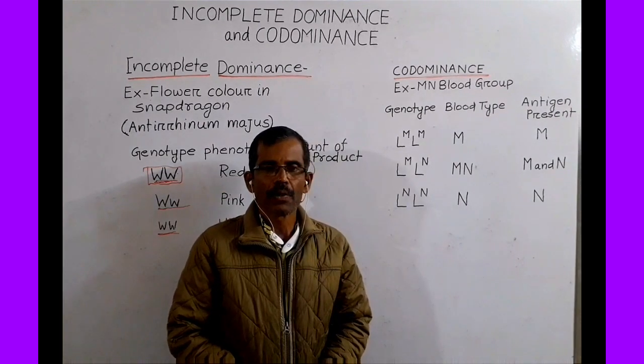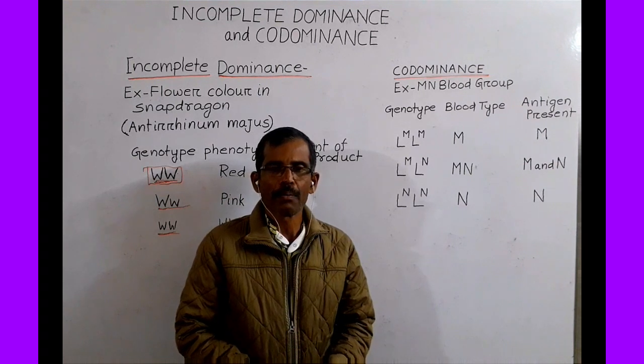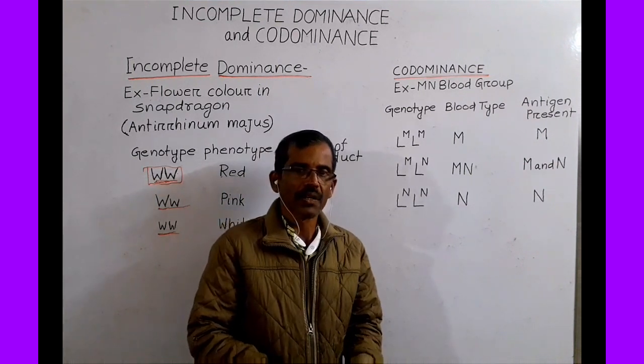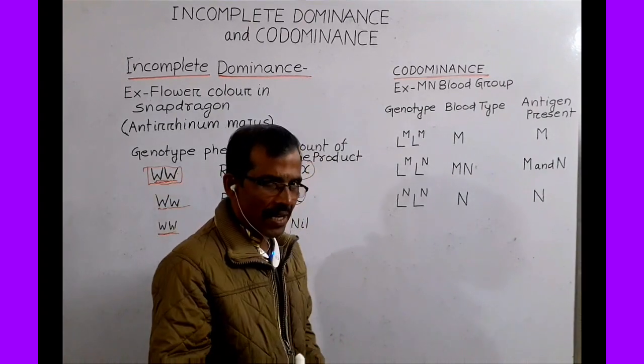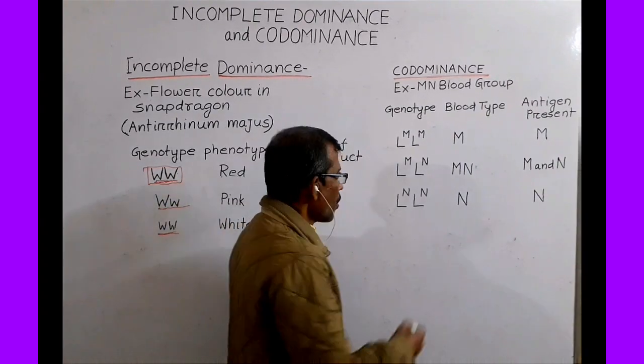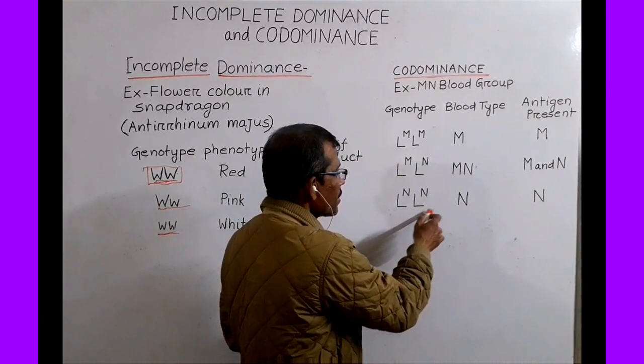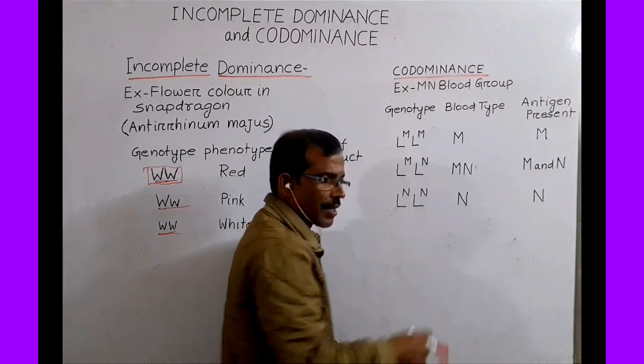Another example of codominance is the MN blood group system. This blood group system is controlled by a gene which has two alleles. One allele specifies M antigen and another allele specifies N antigen.